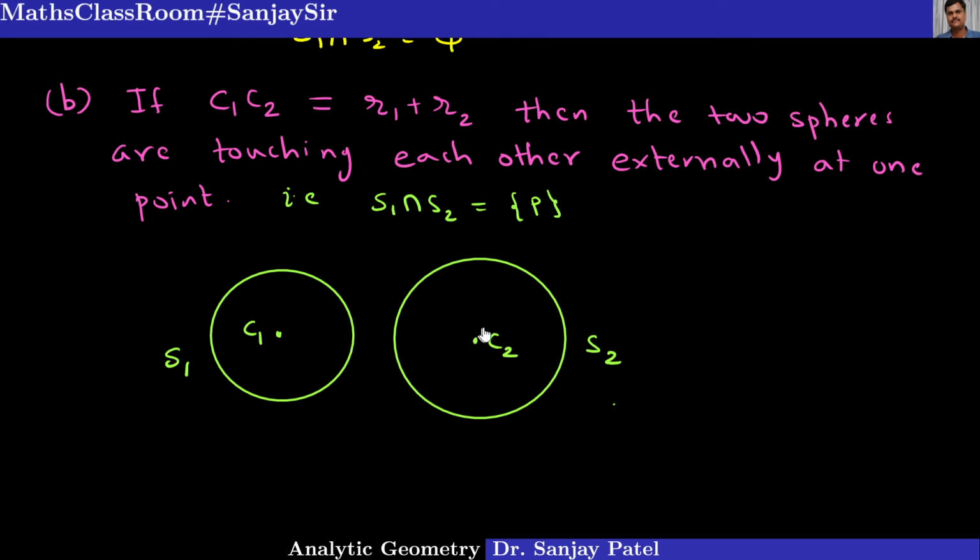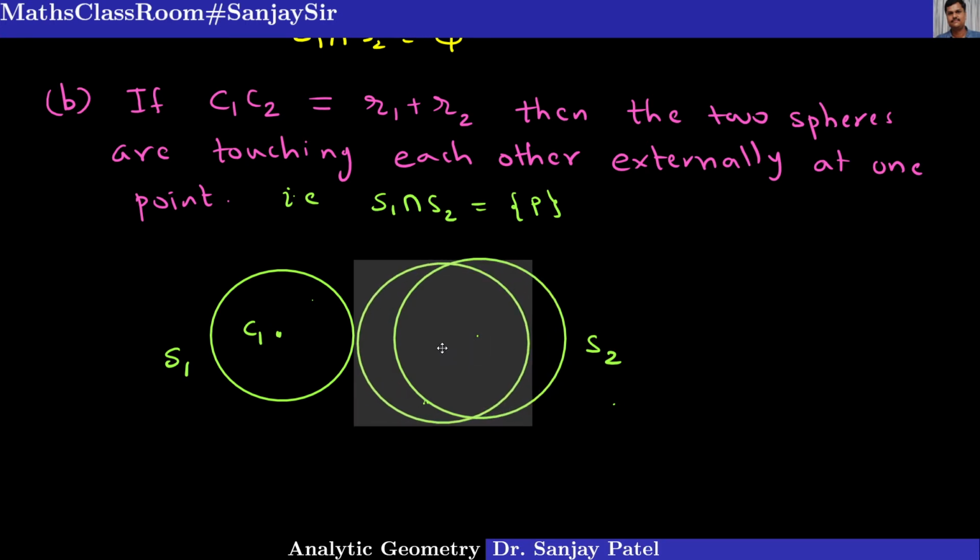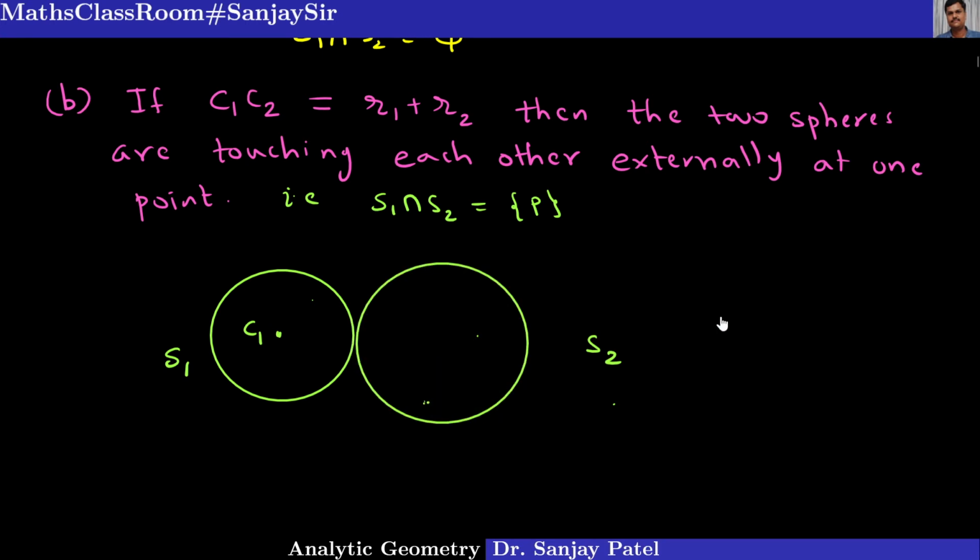So I should not draw like this. Let me remove this and put this sphere. Yes, so this is the situation between the two spheres.